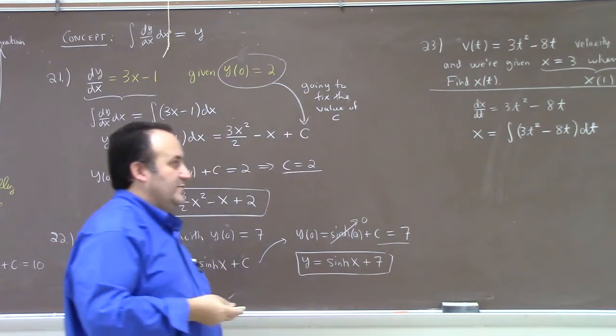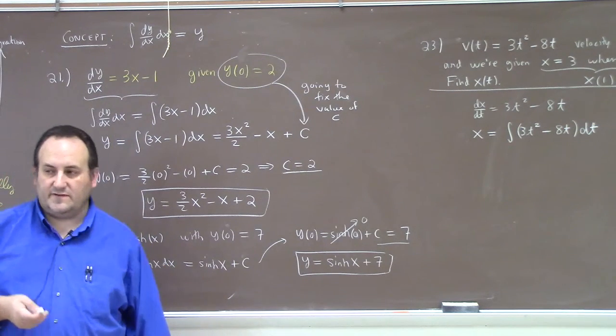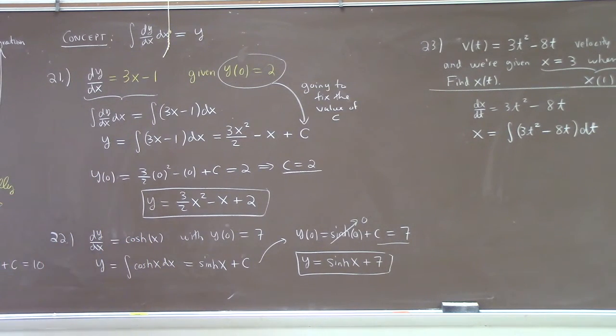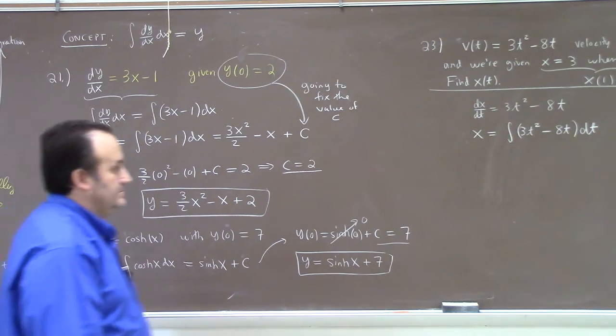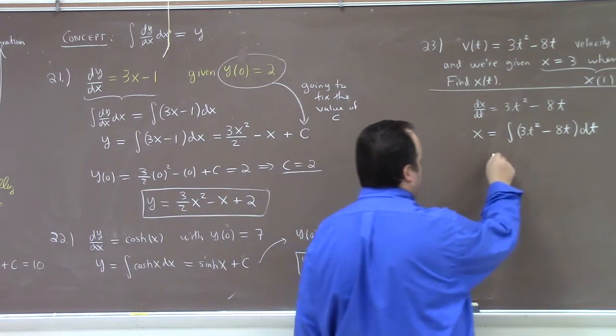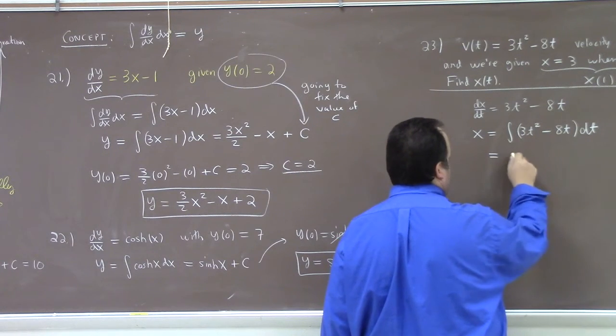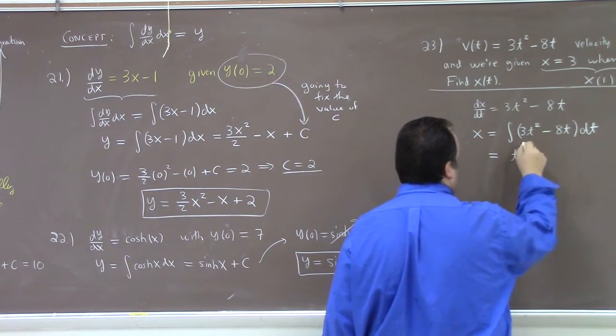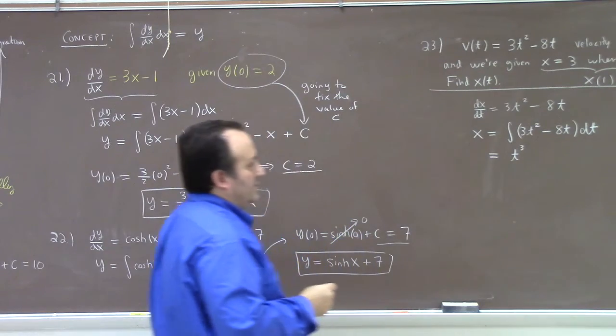Now you guys help me out. What's the integral of 3t squared? What function can we differentiate and get back 3t squared? T to the third, very good. And what's the integral of minus 8t?